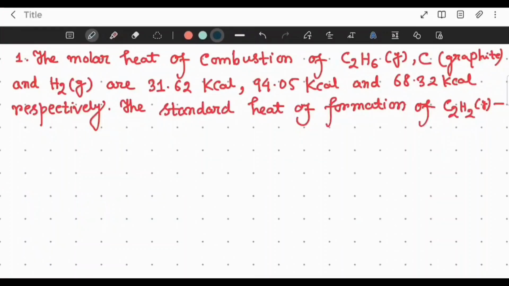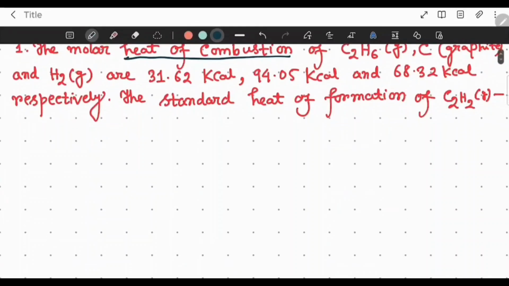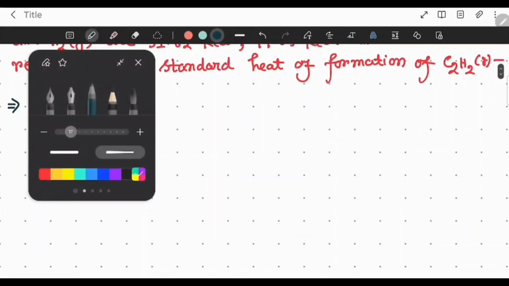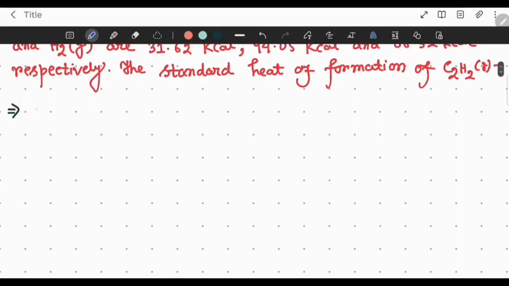Okay, so what is the heat of combustion? This is given, and it is the molar heat of combustion actually. So what is the definition? Let me first discuss that. First is heat of combustion.